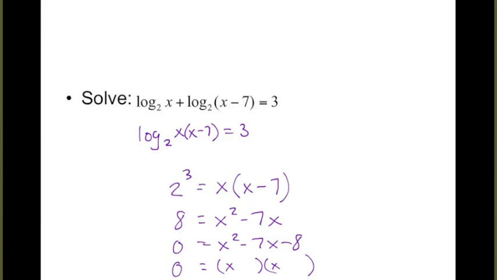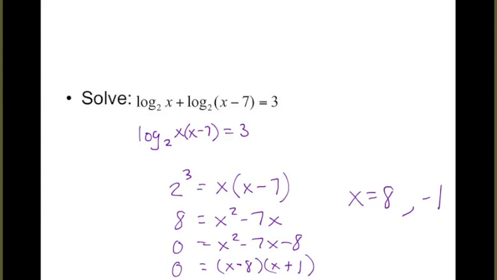So what multiplies to negative 8 that adds to negative 7? 8 and 1, and if I want it to be a negative 7, I need a negative 8 and a positive 1. Which gives solutions then of 8 and negative 1. The solutions are the opposites of the factors.